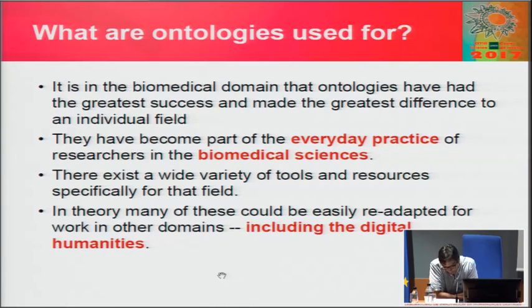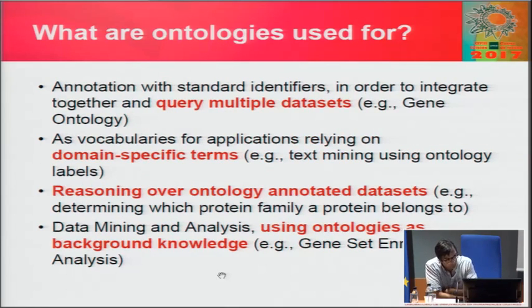And this has meant also that there exists a wide variety of tools and resources for the biomedical sciences, especially the tools that have been developed in that domain. In theory, many of these can be readapted for work in other domains, and I would claim also for the digital humanities.